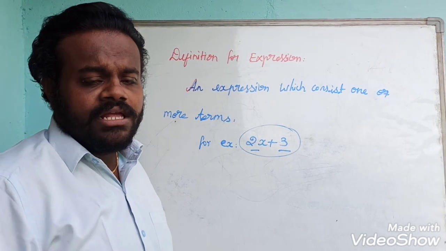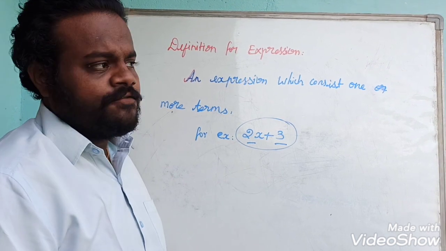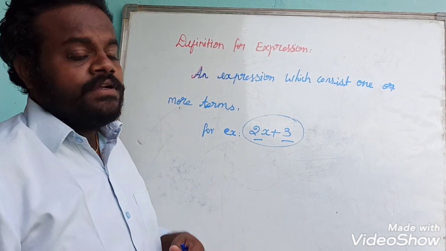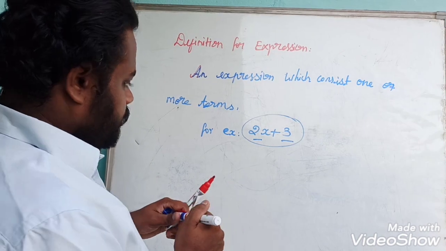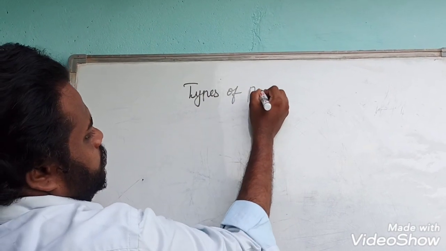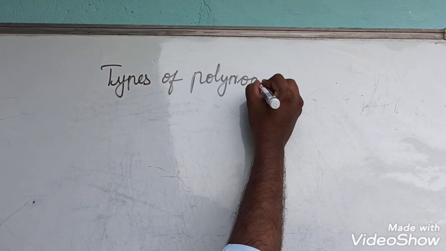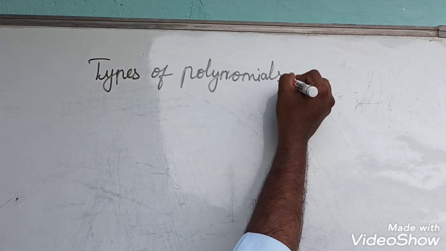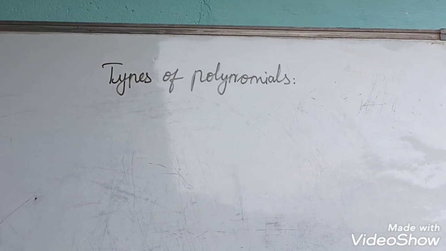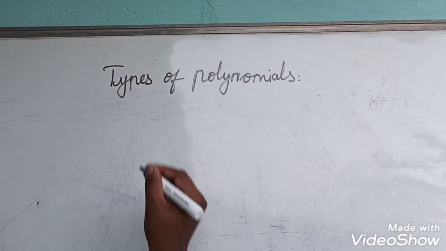Types of polynomial, we have to split into two types. One is on the basis of terms, and the other is on the basis of degrees. So already I informed that polynomials we have to classify on the basis of terms and the basis of degree.